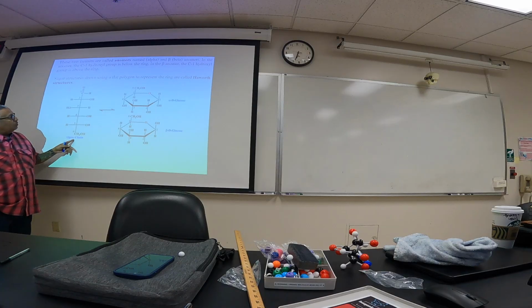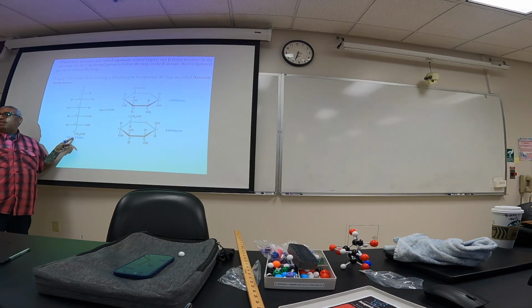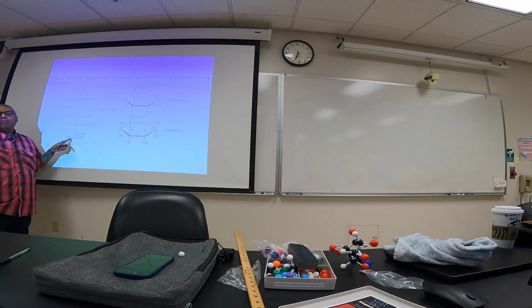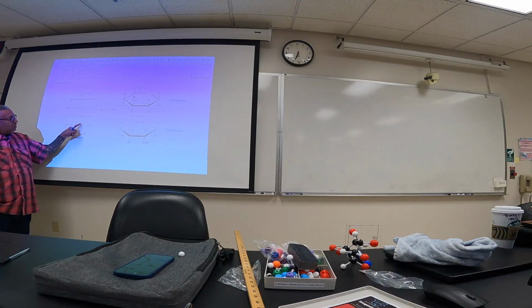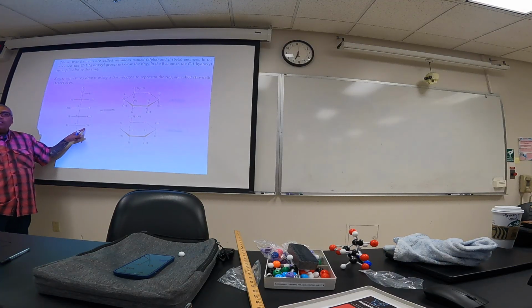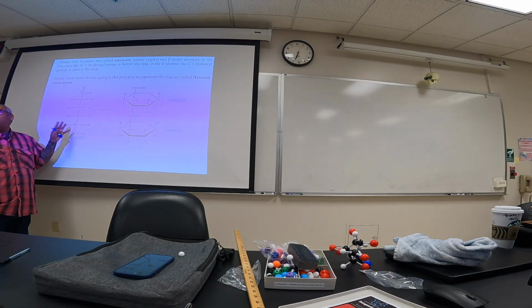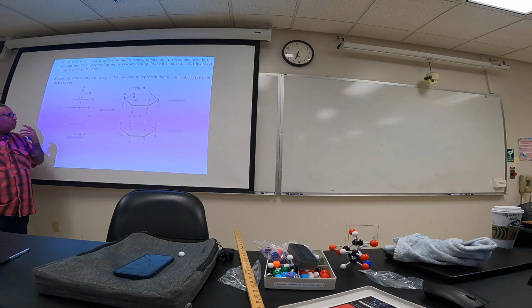As far as glucose is concerned, is this the D or the L isomer of glucose? D. Second to last carbon, the hydroxide is on the right side. This is the D isomer of glucose.